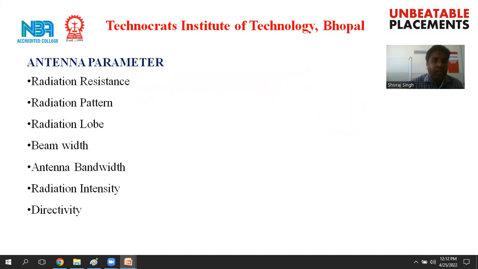These are the different antenna parameters: radiation resistance, radiation pattern, radiation loss, beam width, antenna bandwidth, radiation intensity, directivity, antenna polarization, and directive gain. These are the different parameters which define or specify any antenna.